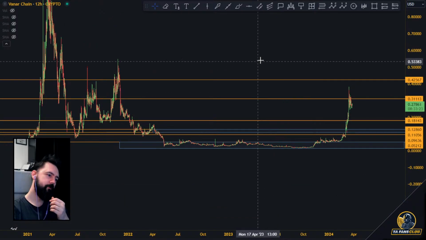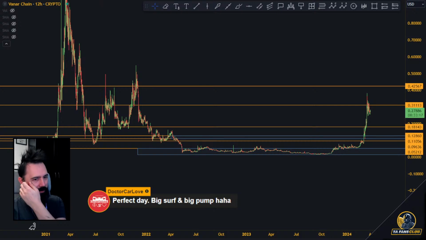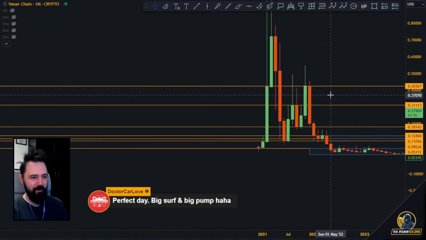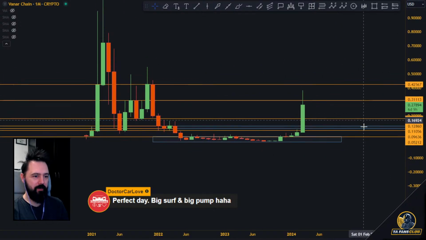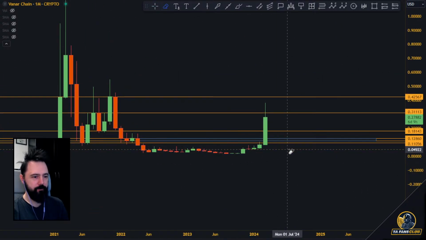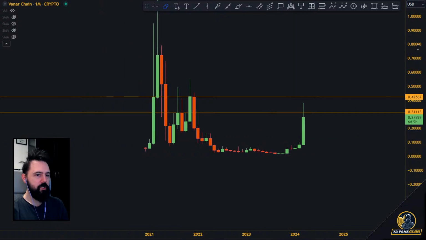There we go. Perfect day, big surf and big pump. That's all that needs to happen. We already have the lines, because we looked at this before.